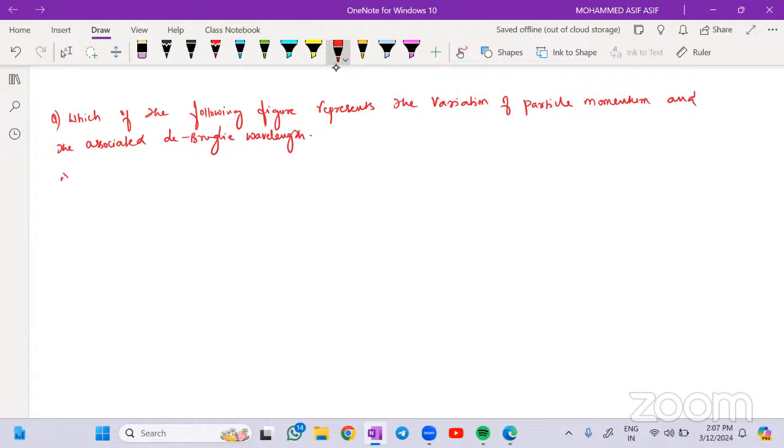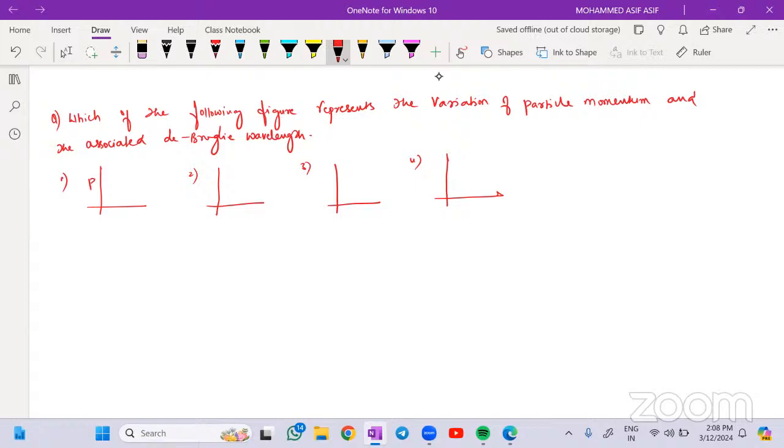Okay, see the graph. Direct question है. Which of the following figure represents the variation of the particle's momentum and associated de Broglie wavelength?